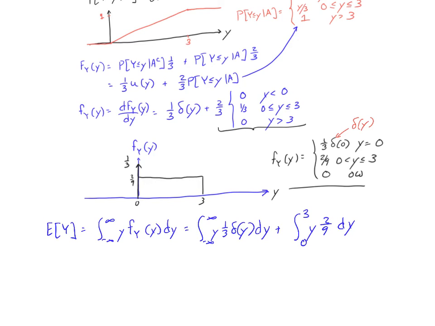So by the sifting property, at y equals 0, y over 3 equals 0. So this term is 0, and this term gives you 1/9 y squared from 0 to 3, and that's equal to 1.